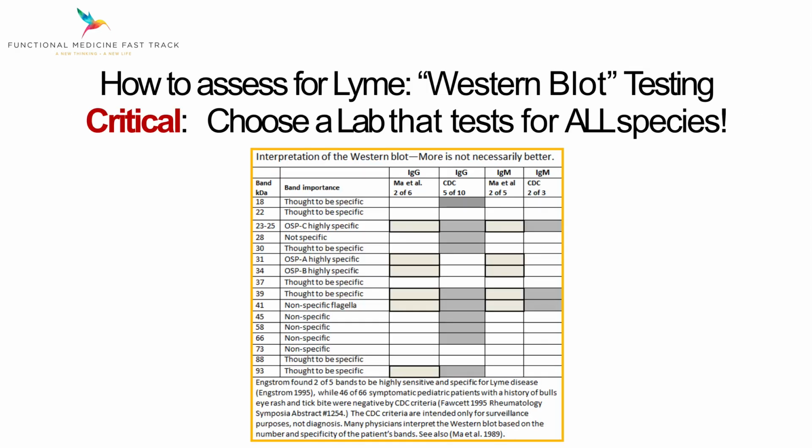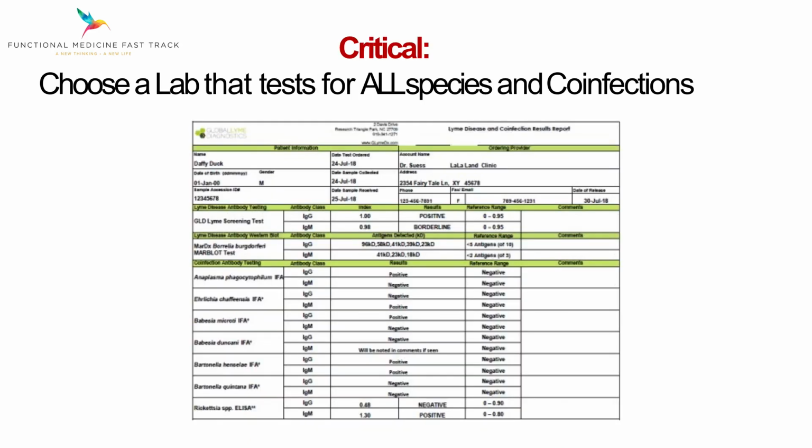So let's have a look, first of all, at the immune system and how do we assess for what is going on with the immune system. And one of the best ways is to use the Western blot. Now, ideally choose a lab that tests for all the species. And what we need to look for is to see what is coming back with that. Now, often this can be not conclusive.